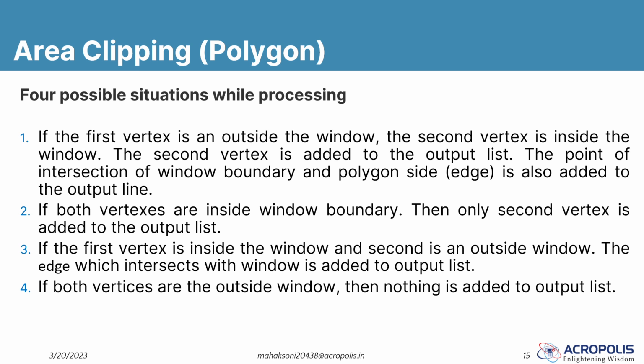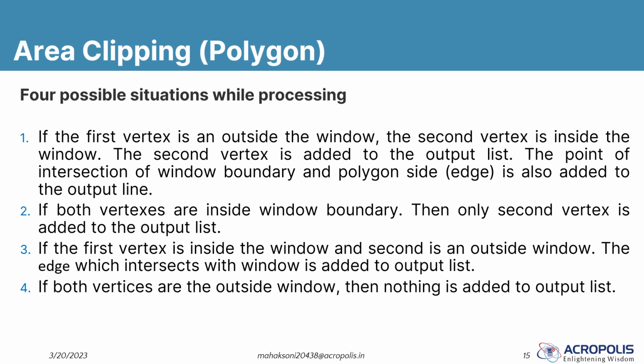If the first vertex is outside the window and the second vertex is inside the window, the second vertex is added to the output list. The intersection of the window boundary and the polygon side or edge is also added to the output list. These are the rules which we will cover in the upcoming slides.